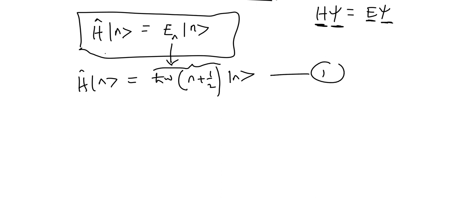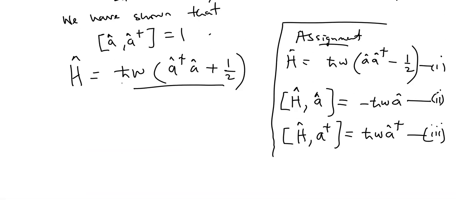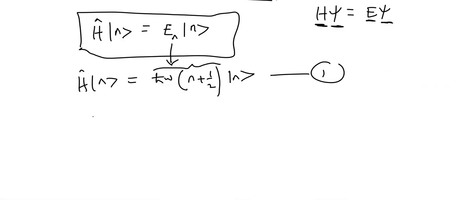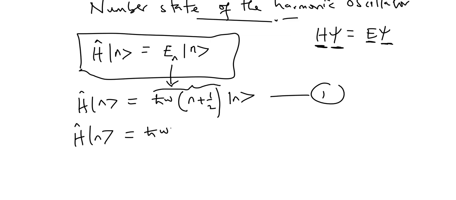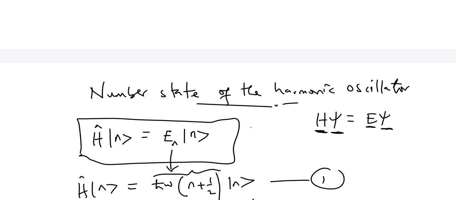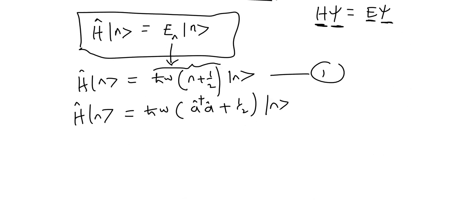Then we wrote here that we can write the Hamiltonian operator as ħω(a†a + 1/2). So we can write H|n> as ħω(a†a + 1/2) acting on the state |n>.